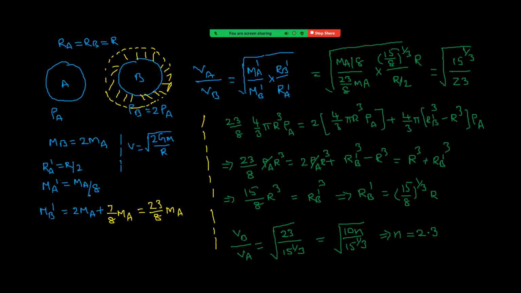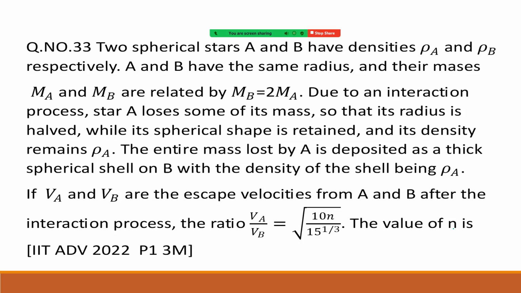Remaining is now 7 by 8, which is now deposited on the second one. So we got all these values, MA dash, MB dash, RA dash directly. Only we are making a calculation for RB dash. Okay. Remaining very simple. So the final answer is n equal to 2.3. Okay. Right.